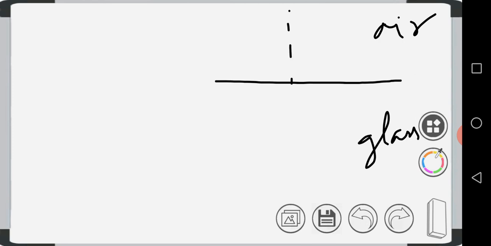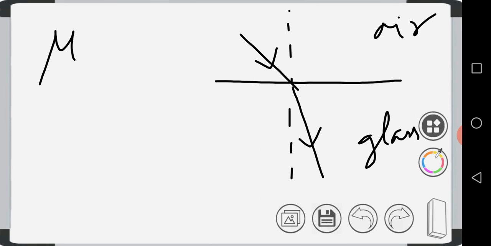This is the normal, incident ray, refracted ray. In this case, if I write mu, I'll write GA. GA means this is the refractive index of glass, because here glass is the second medium, A for air. So instead of writing 2 1, I have written GA.